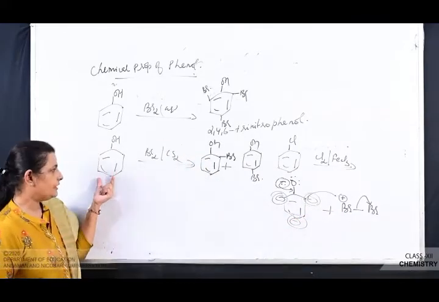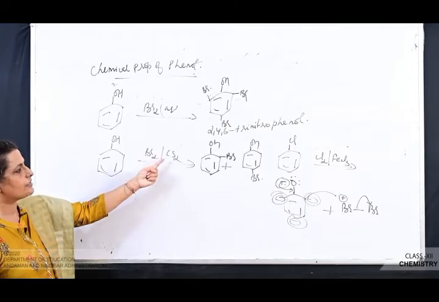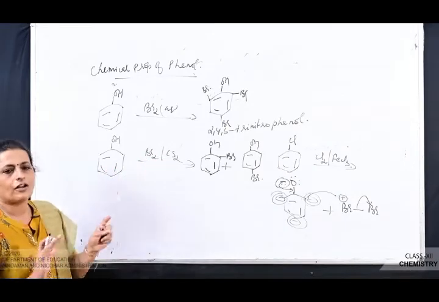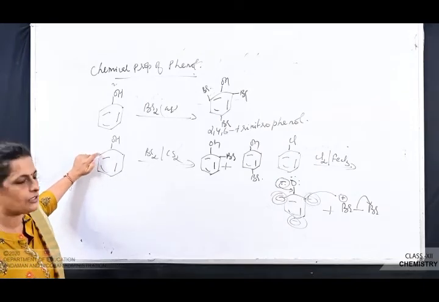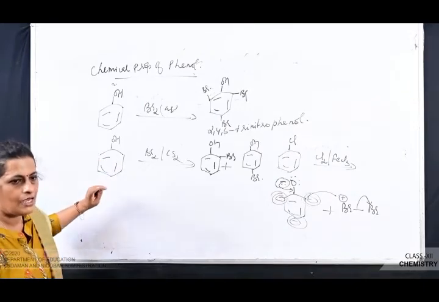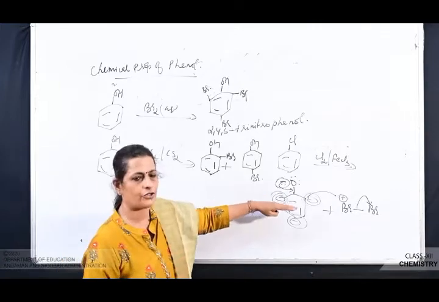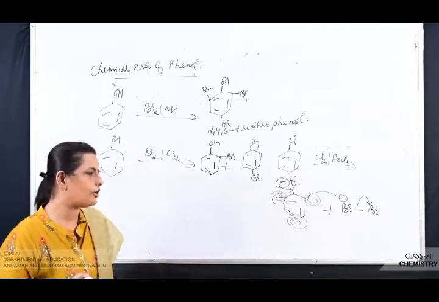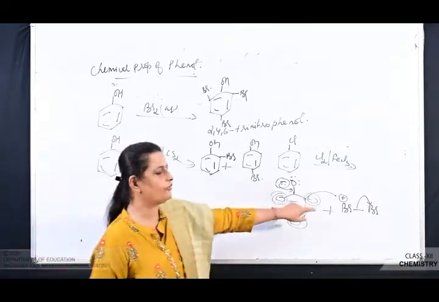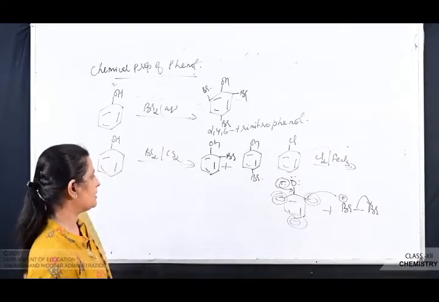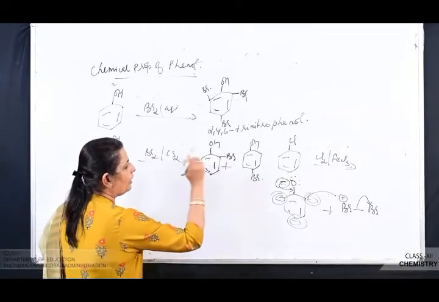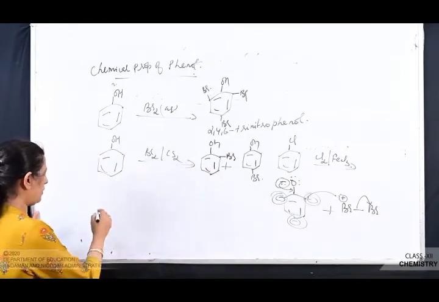In case of phenol when treated with bromine in presence of carbon disulfide, here phenoxide ion you are not getting, but the electron density is increasing in which position? Ortho and para position, but compared to phenoxide ion the electron density is less, but that electron density is enough for production of what? Bromonium ion. So you do not require what? A halogen carrier. So you are getting ortho-bromophenol and para-bromophenol.